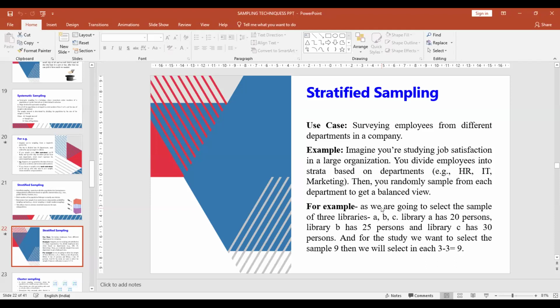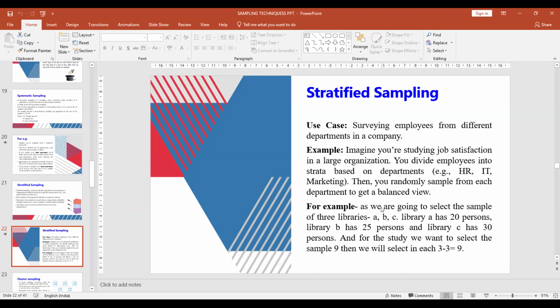This is called stratified sampling. We simply take the data after the strata are defined. After deciding the strata, we can take the data easily.